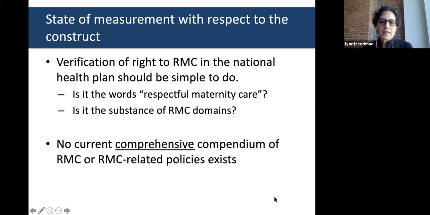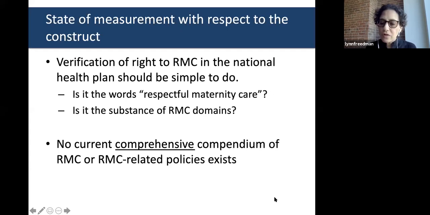So I would say that the verification of the right to RMC in a national plan should be relatively simple to do. I mean, it really just requires finding the plan, reading it, and seeing if the right is stated in the national plan.